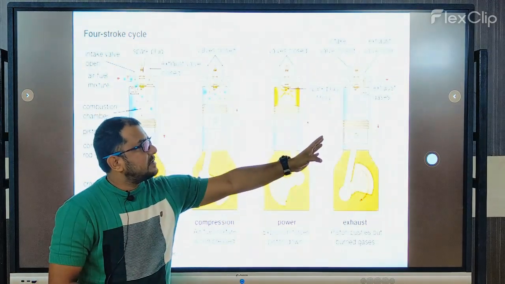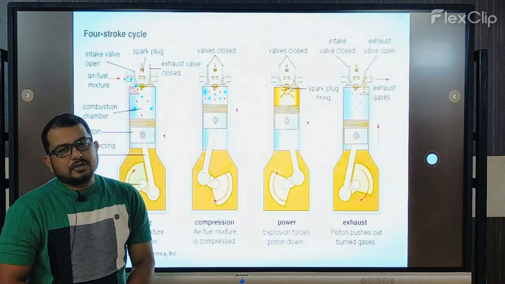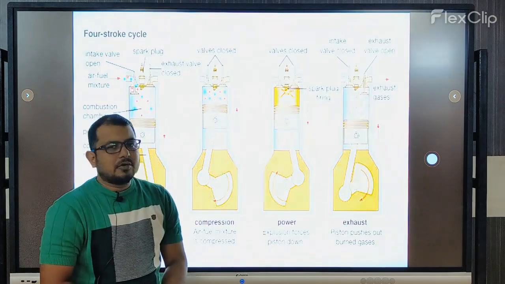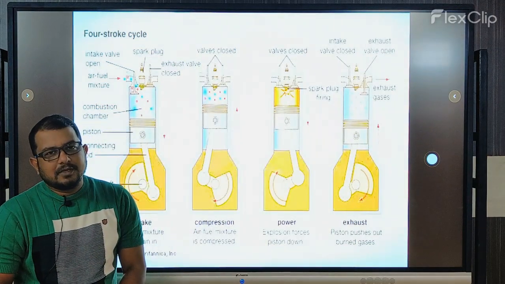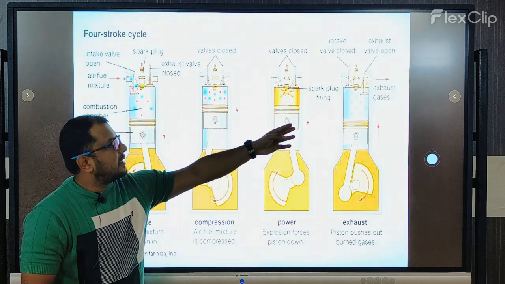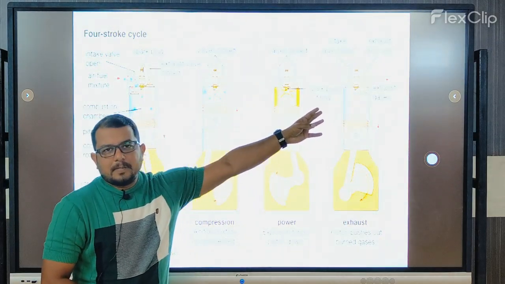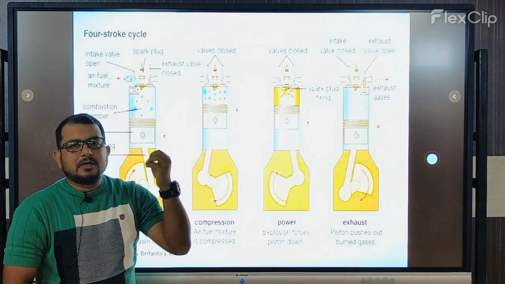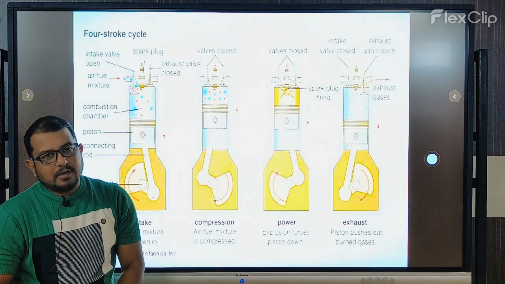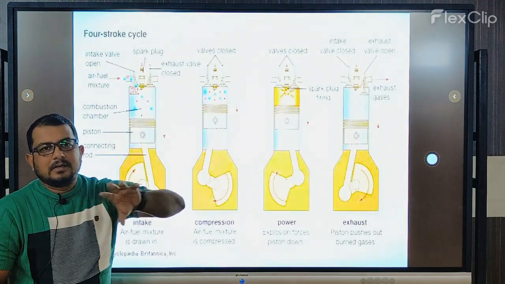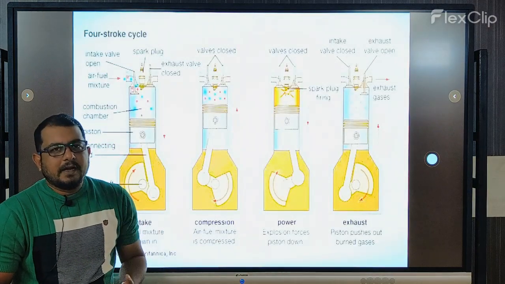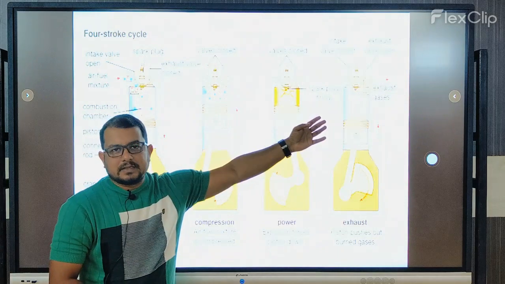And the fourth stroke is your exhaust stroke. What happens here? Once the gases expand in the expansion stroke, they get weaker and weaker and do not have any power left, and the entire cylinder is occupied by these waste gases.